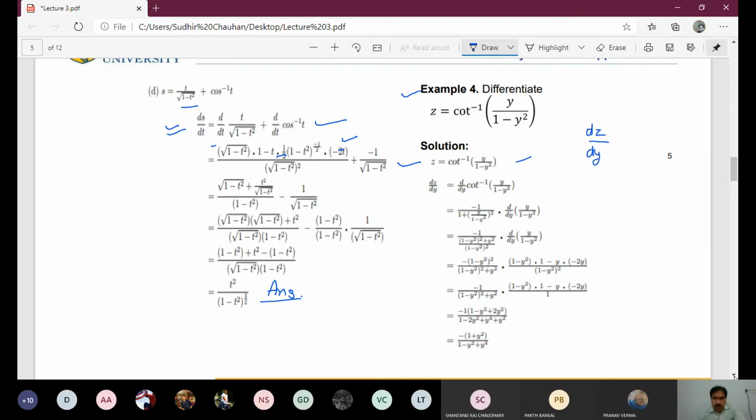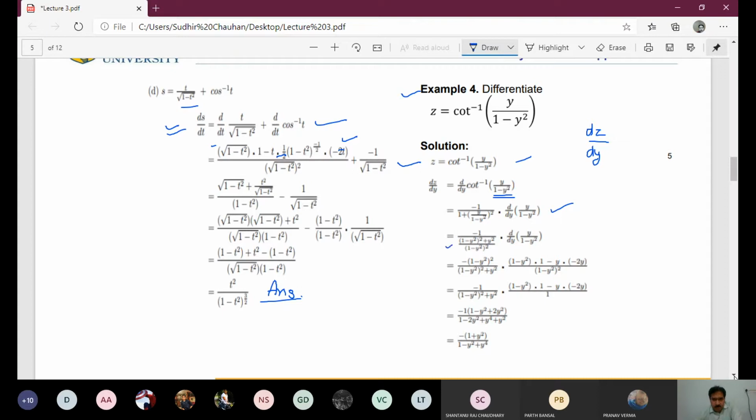So dz over dy of cot inverse of some expression. First we'll apply the formula for cot inverse, and the cot inverse x formula is minus 1 upon 1 plus x square. So in place of x we can put y upon 1 minus y square whole square, and then the differential coefficient of y upon 1 minus y square.